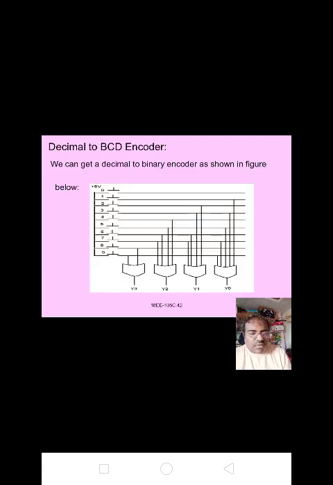Next, decimal to BCD encoder. We can get a decimal to BCD encoder as shown in the figure below. It is also a most important one. Please note it in your notebook.